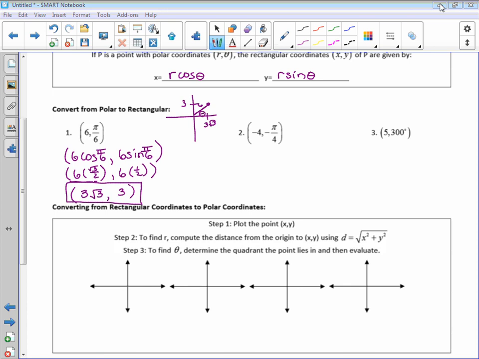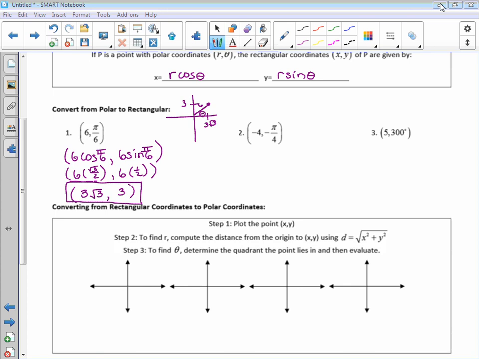Okay, guys, look up here. Number 2 is the trickier one. If you have -4 and then negative pi over 4, what quadrant, if you're thinking of just your rectangular quadrants, is this in? 2. Remember, you've got to do the -4 first, and then back up pi over 4. So that's actually a second quadrant point.